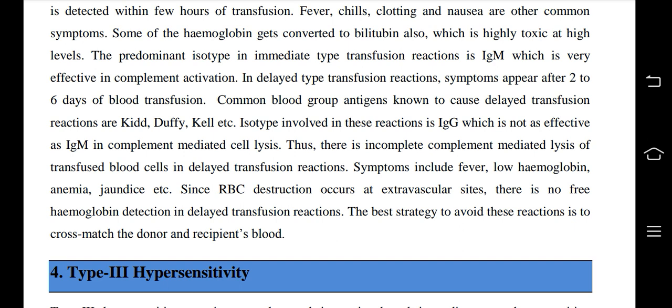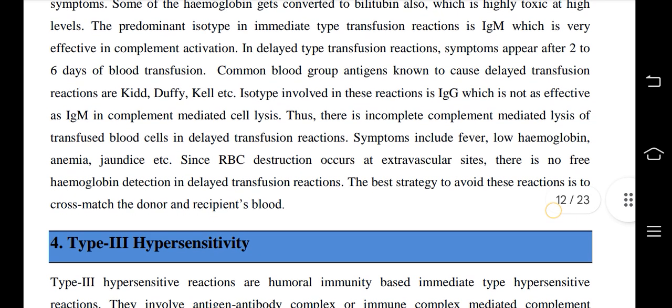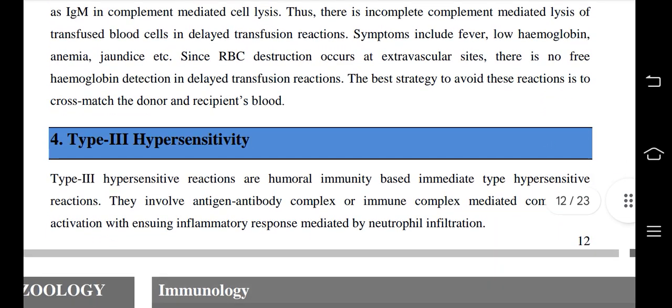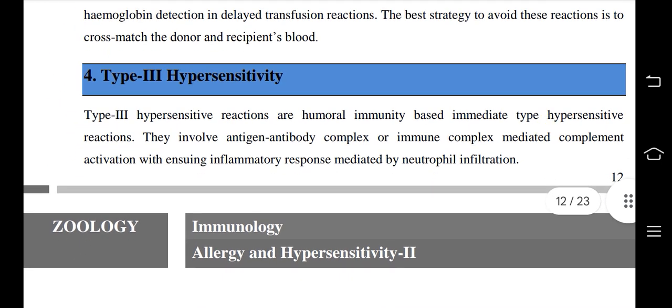Thus, there is an incomplete complement-mediated lysis of transfused blood cells in delayed transfusion reactions. Symptoms include fever, low hemoglobin, anemia, jaundice, etc. Since RBC destruction occurs at extravascular sites, there is no free hemoglobin detection in delayed transfusion reactions. The best strategy to avoid these reactions is to cross-match the donor and recipient's blood.